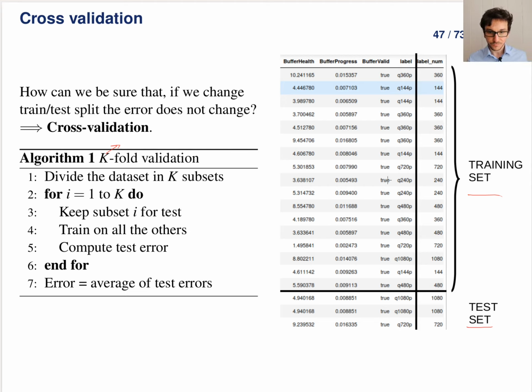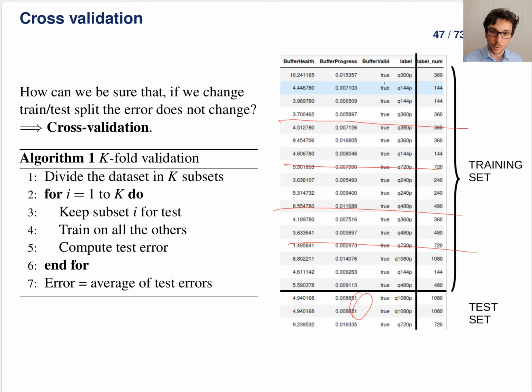So usually what one does is, let's say you are doing k-fold validation, you divide your data set in slices that are of equal size normally, and then you say, okay, now the last part is the test set and the rest is the training set, and you measure the performance.